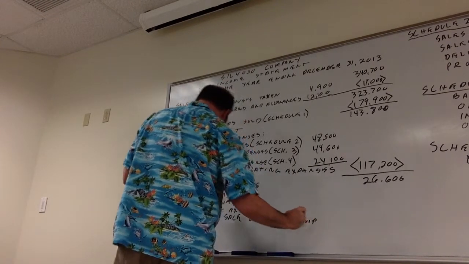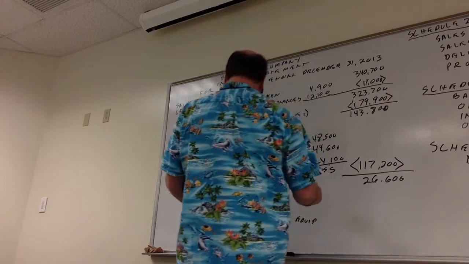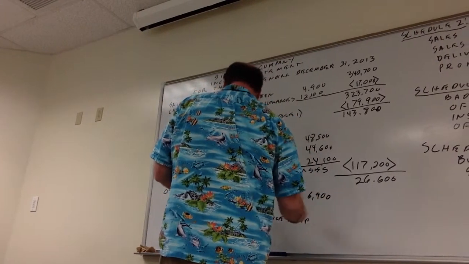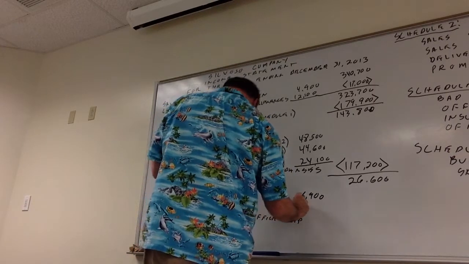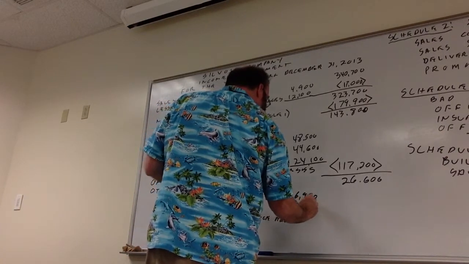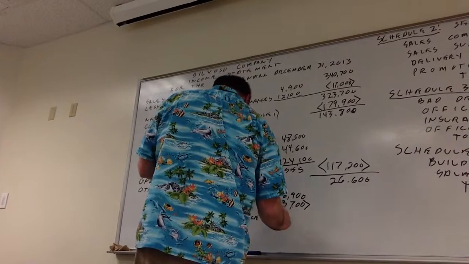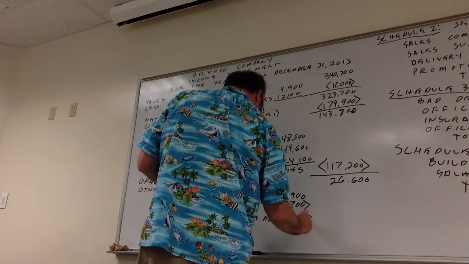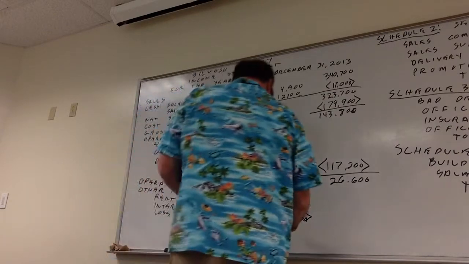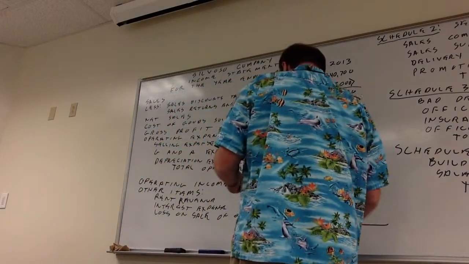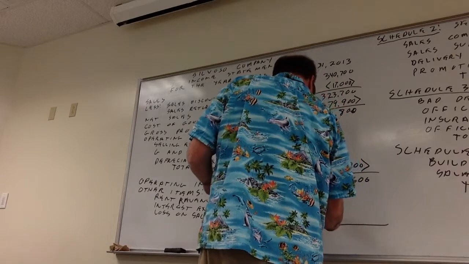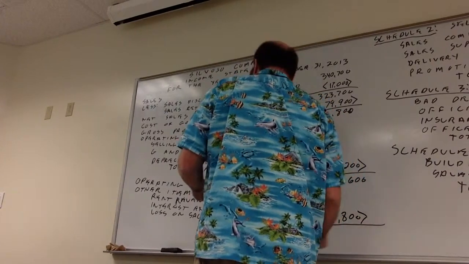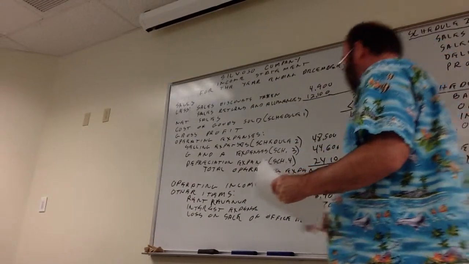So 6,900, a positive number for rent revenue. Interest expense was 3,700, and the loss was $5,000. Add all that together, and you're going to get a negative 1,800 for your total of other items.